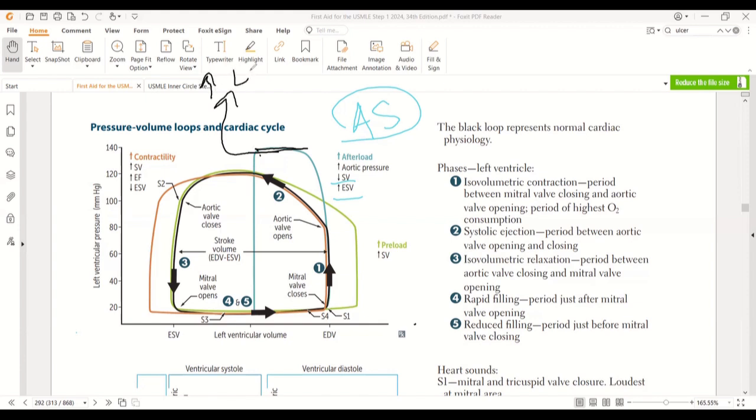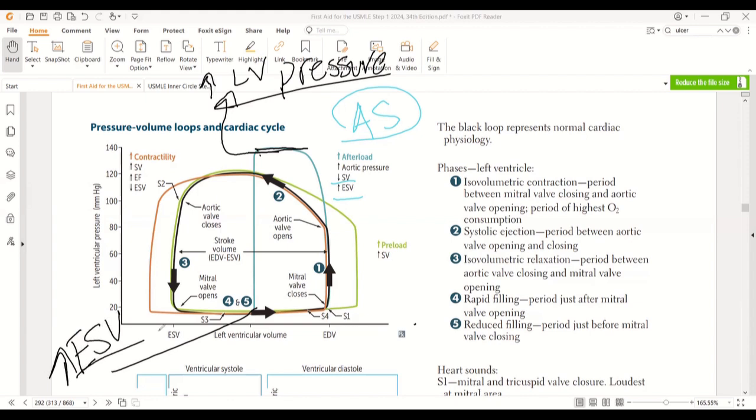So this represents increased end systolic volume, and end diastolic volume remains unchanged. So they give you these kinds of things. What happened to the end diastolic volume? It will remain unchanged, decrease, or increase, right? So be aware of these things.